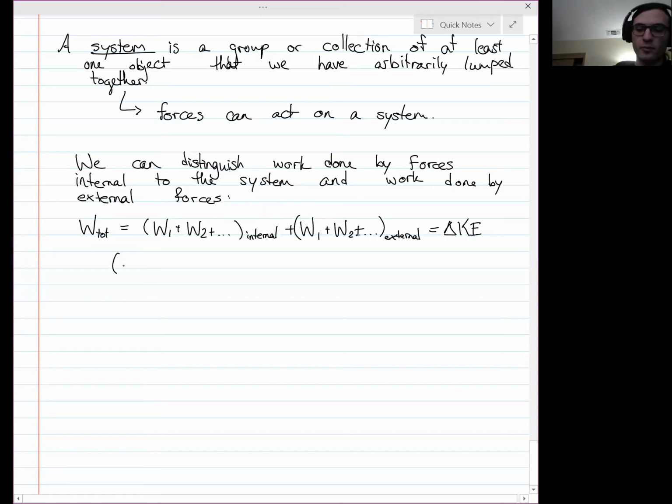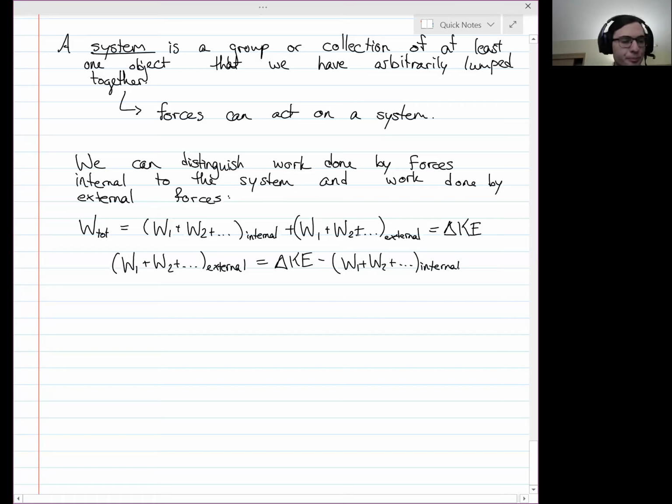So we get W1 plus W2 plus ... external equals the change in kinetic energy minus work 1 plus work 2 plus ... internal. This is a totally valid thing to do. All I've done is separate external sources of work and internal sources of work and then move them around.